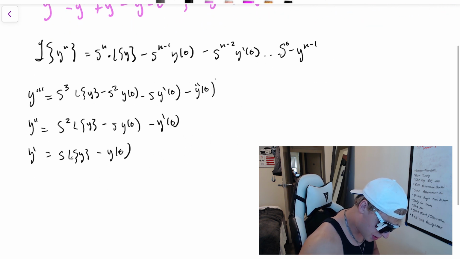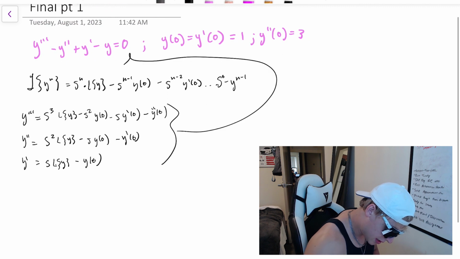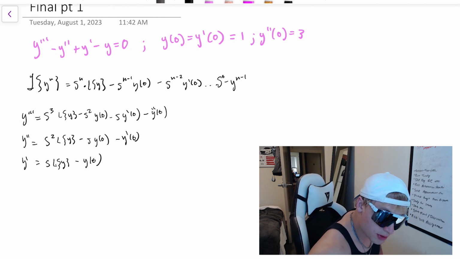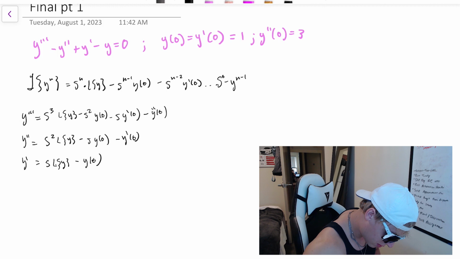Now we're going to rewrite the equation using these expressions. I'm just going to copy and paste to make it easier.